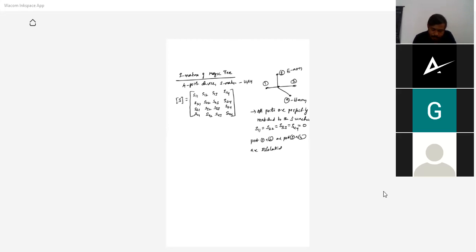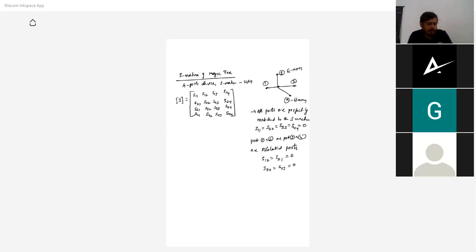What is the meaning of isolated ports? S12 and S21 are equal to 0, and S34 and S43 are also 0.